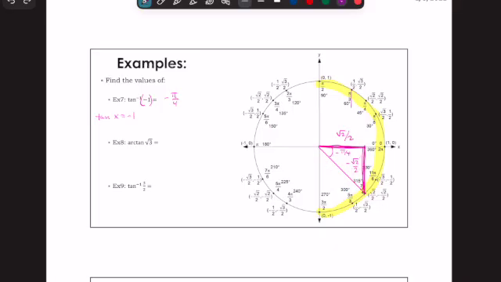So we're going to look here and here. And I know that's root 3 over 2, and this part's going to be 1/2. I'll erase this root 2 over 2 so it's not in our way anymore. Opposite over adjacent is root 3 over 2 over 1/2, which is just root 3. So arctangent of root 3 is going to be pi over 3, because tangent of pi over 3 is root 3.